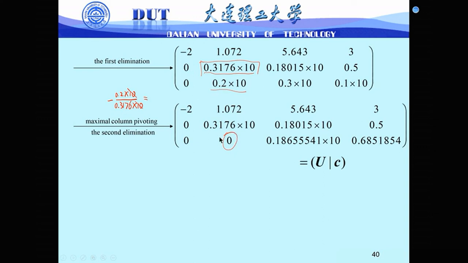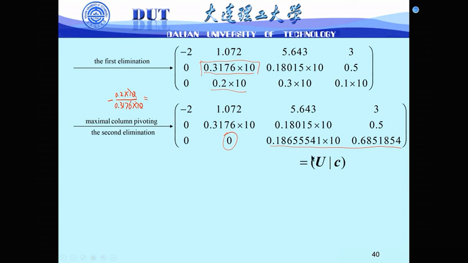Okay, then you will obtain 0 here, and you will obtain these two numbers. Okay, then you obtain U and C. Okay, this is a different U from the original example 2. Are you clear?